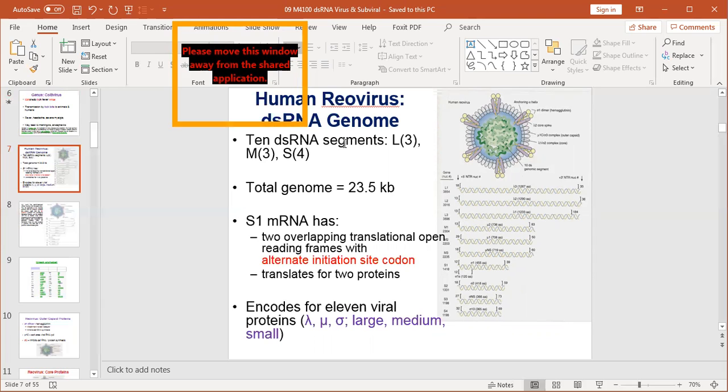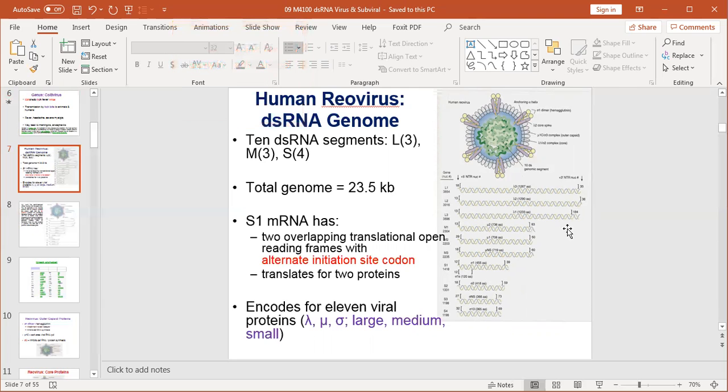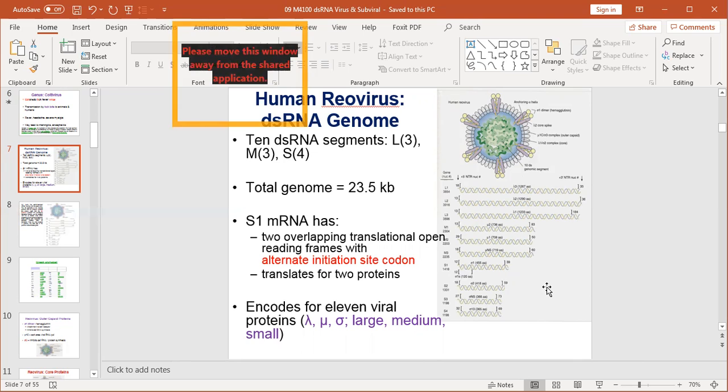These segments: we have 3 L segments, L1, L2, L3, 3 M segments, M1, 2, 3, and 4 S segments, as we can see in the picture on the right-hand side. I would strongly recommend you, when you're looking at this slide, enlarge it a little bit so you can easily see different mRNAs being produced from these gene segments.